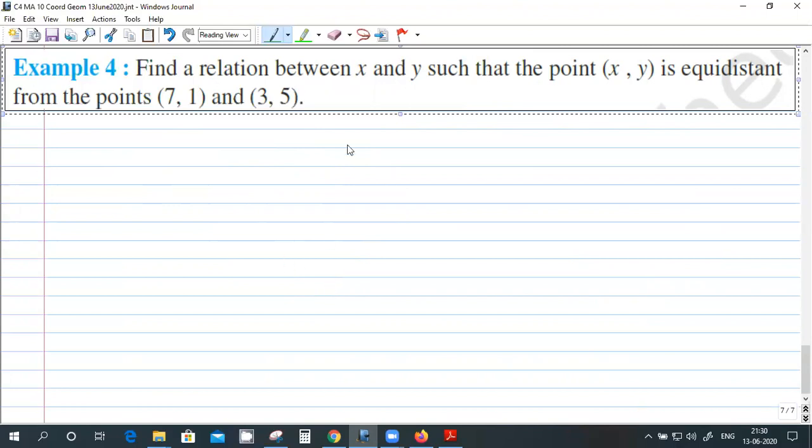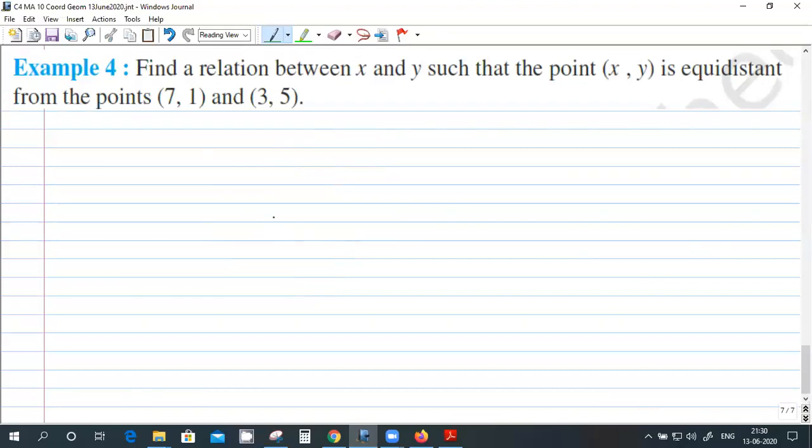So the 2 points are here, 7, 1 and 3, 5. So the distance from x, y to 7, 1 will be equal to the distance from x, y to 3, 5. So actually, this is one solution. It can also be here, right?